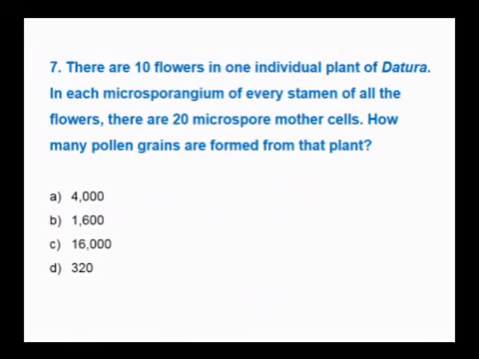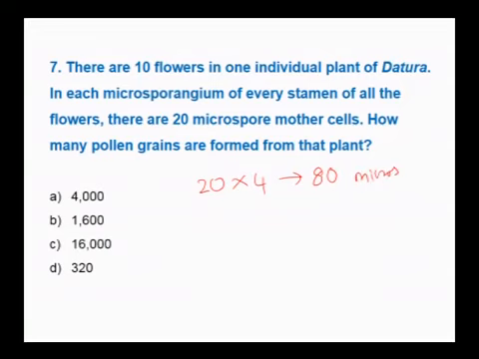Next question. There are 10 flowers in one individual plant of Datura. In each microsporangium of every stamen of all the flowers, there are 20 microspore mother cells. How many pollen grains are formed from that plant? See, 20 microspore mother cells, and each microspore mother cell can produce 4 microspores. Therefore, 80 microspores can be produced.